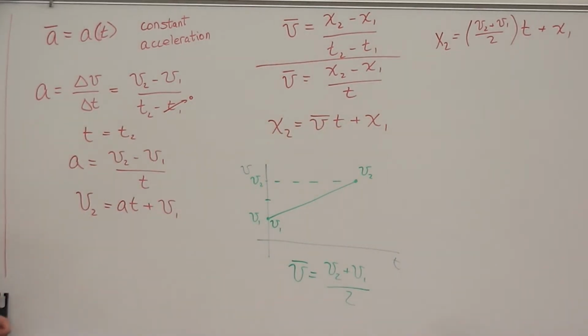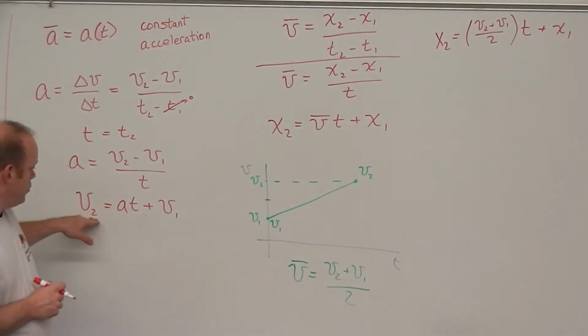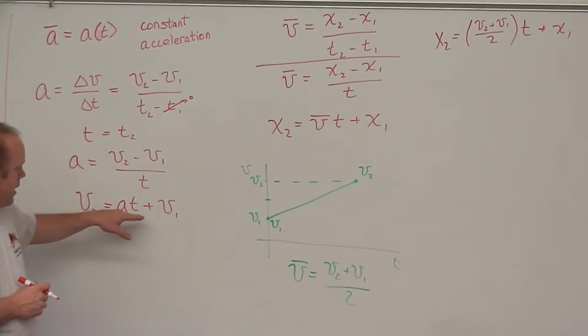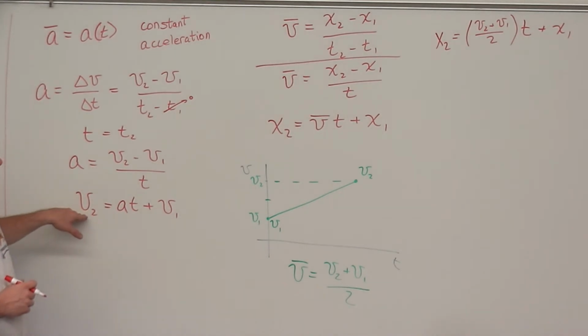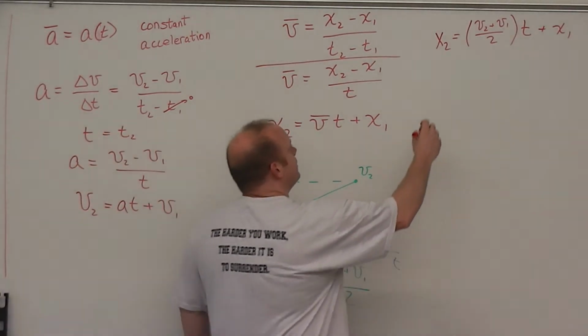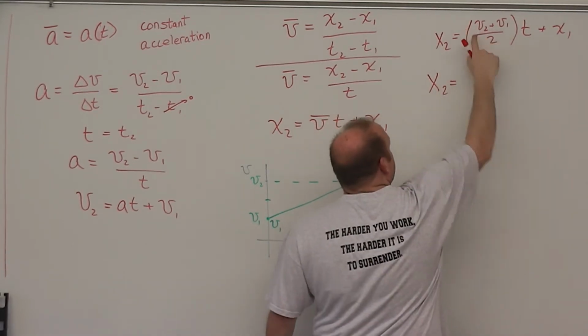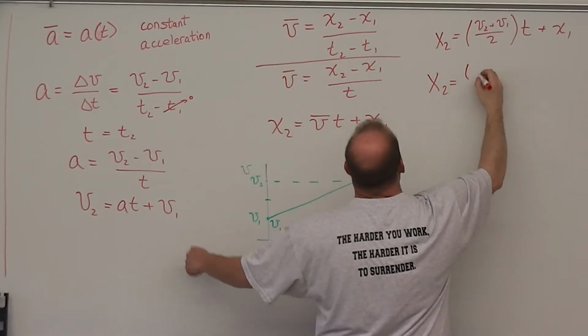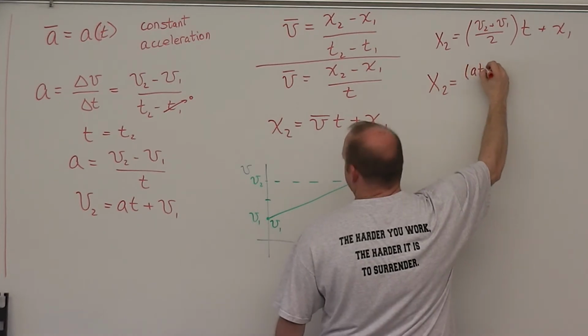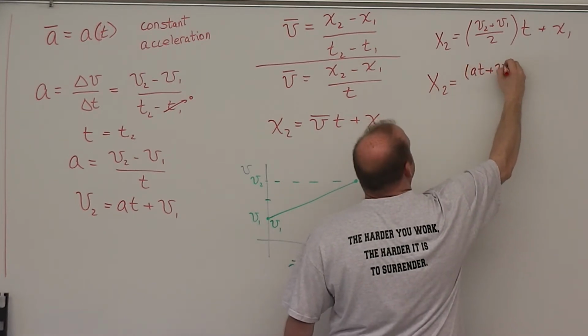And then I look back and I go, oh, wait a second. I have V2 and V1. If I substitute in for V2 over there, I'll be able to pull in the acceleration. So now x2 is equal to, again, I'm just going to substitute in here. Acceleration times time plus V1.